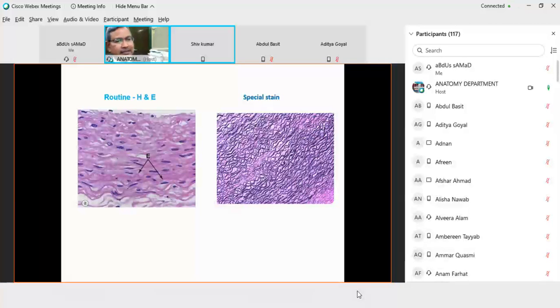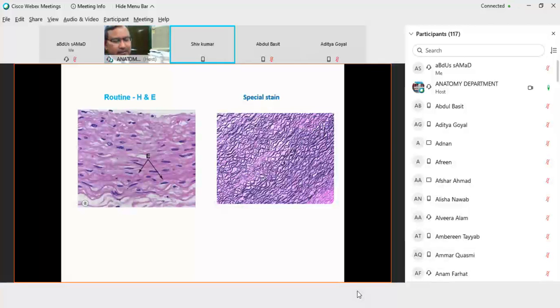The large arteries, where the blood is pumped directly by the heart, need to expand during the systole, otherwise they will burst or the heart will fail. So they allow the blood to be pumped into the large arteries. Large arteries are also called elastic arteries because of the presence of elastic fiber.